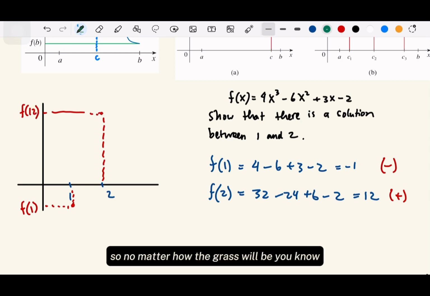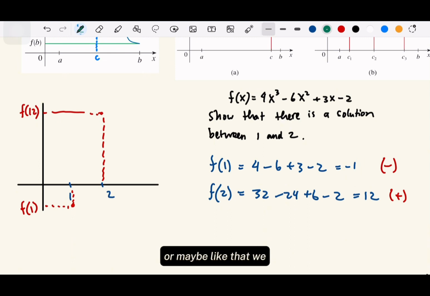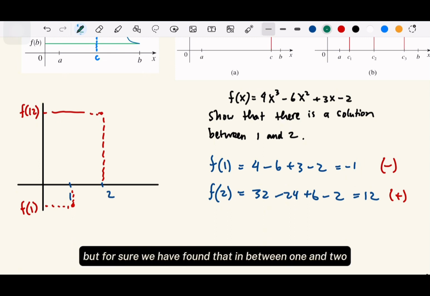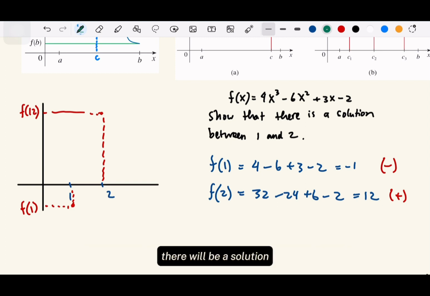So no matter how the graph will be, you know that the graph should be connecting this to here, right? Maybe like that, or maybe like that. We don't care about that. But for sure, we have shown that in between 1 and 2, there will be a solution, which is when it's equal to 0. Okay?